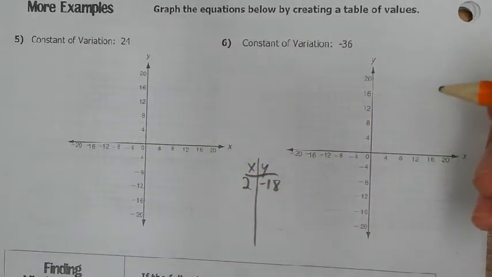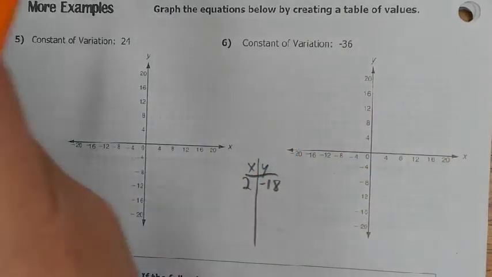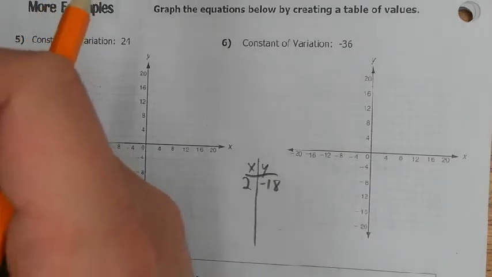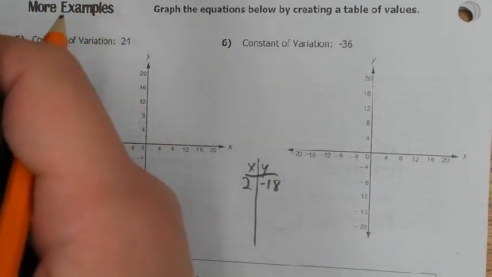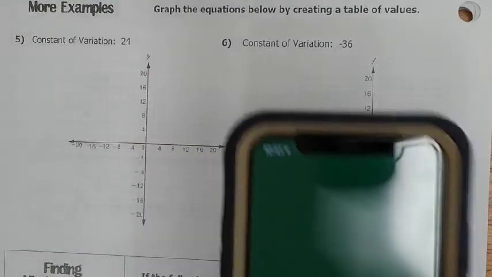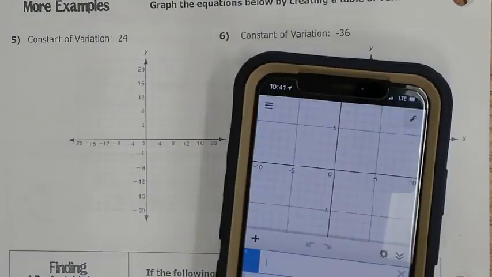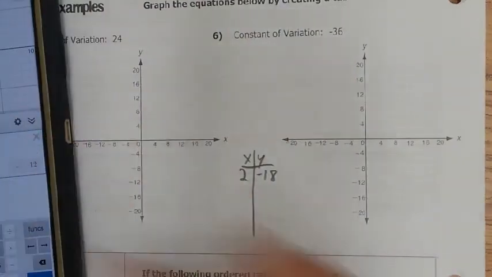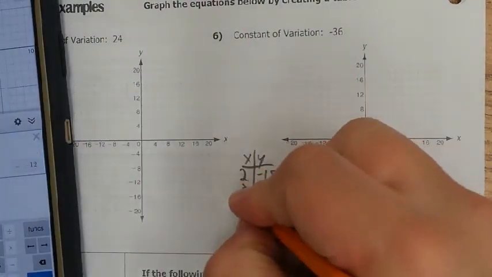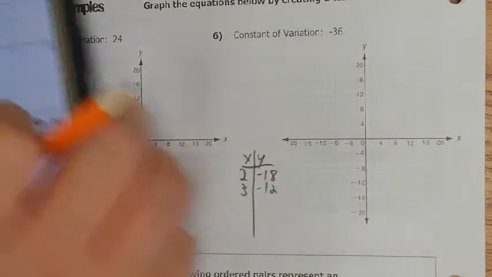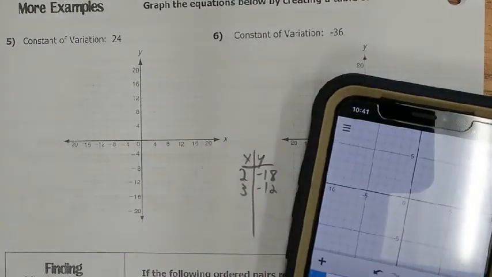Then 3. And guys, if you're ever unsure about what goes into this, just pull up your Desmos. Let's try each one. Negative 36 divided by 3. Okay, that works. So 3 and negative 12. Then we do negative 36 divided by 4.